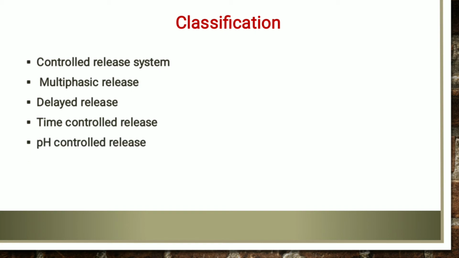So pH controlled release is obtained by coating the core tablet with pH sensitive polymers. The drug remains unable to release in acidic medium. Then as the pH increases in the intestine, the polymer starts to erode and the drug gets released. Hence these are called pH controlled release compression coated tablets.